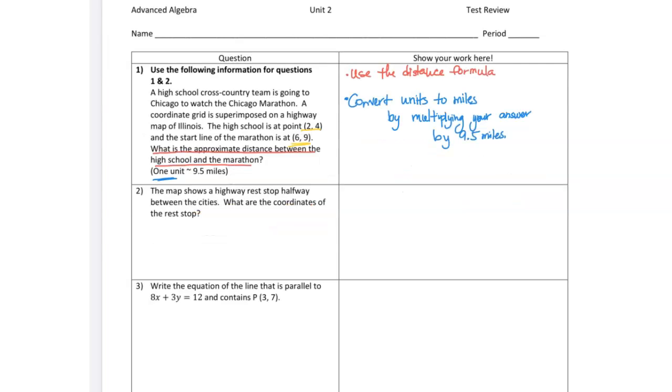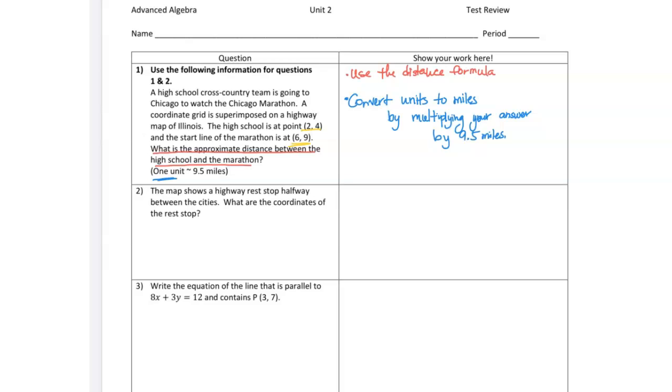For number 2, the map shows a highway rest stop halfway between the two cities. What are the coordinates of the rest stop? This is a continuation from problem number 1. We have the two coordinates being the high school as well as the start line of the marathon. Once again, it's suggested that you look at the question.